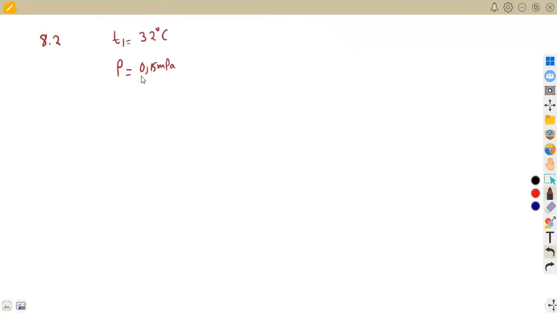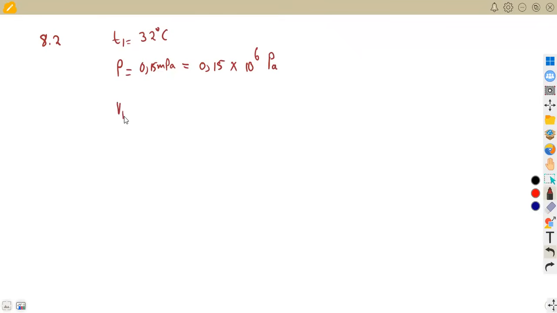T1 is at 32 degrees Celsius. Remember, our pressure was 0.15 megapascals, which is the same as 0.15 times 10 to the exponent of 6 in pascals. In this case, just direct pascals, all right?